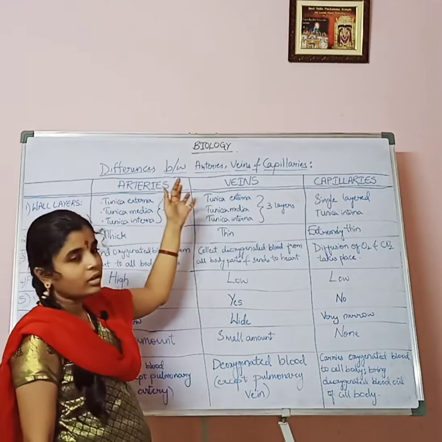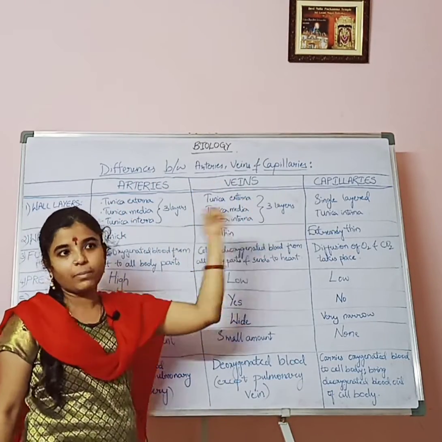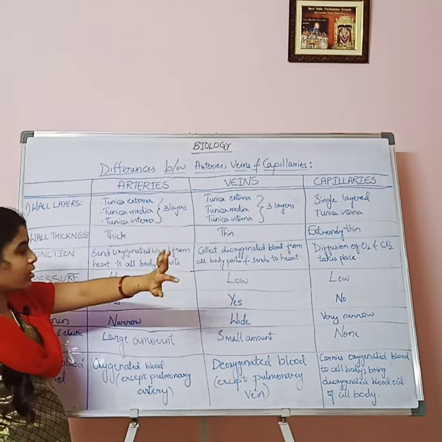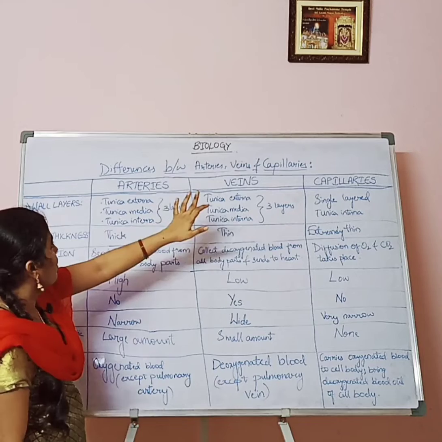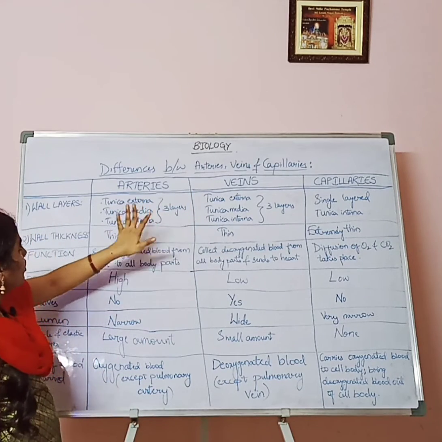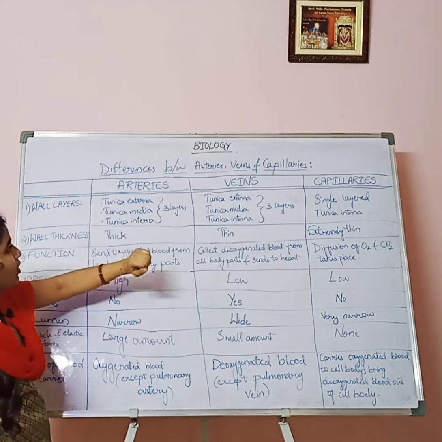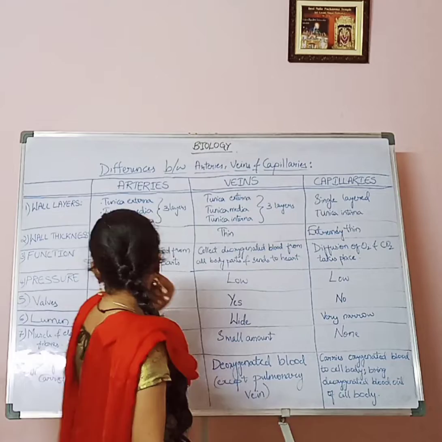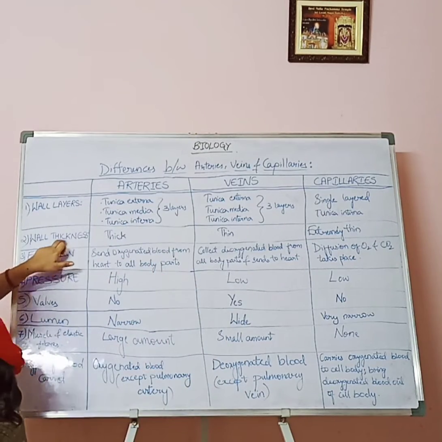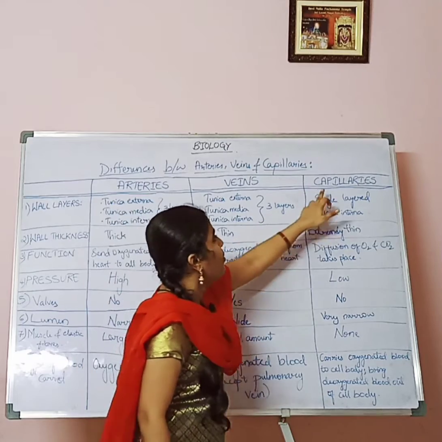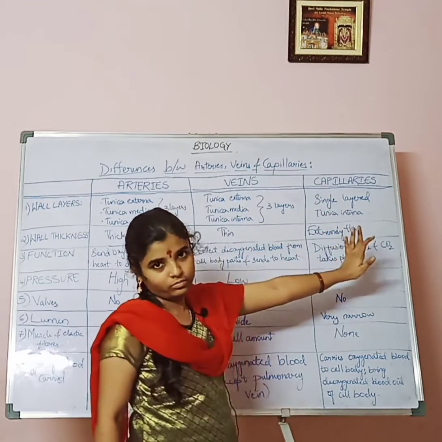Now we will see the differences between arteries, veins and capillaries. First, wall layers. Arteries and veins consist of three layers: tunica externa, tunica media and tunica interna. Capillaries have a single layer, the tunica interna. Then wall thickness. In arteries it is thick, in veins it is thin, and in capillaries it is extremely thin.